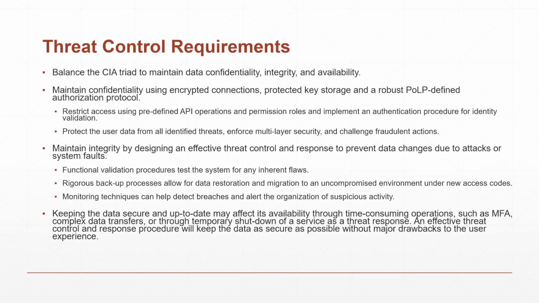So controlling this inherent threat requires the developer to balance the CIA triad to maintain data confidentiality, integrity, and availability. And confidentiality can be maintained using encrypted connections, protected key storage, and principle of least privilege defined authorization protocols, restricting the access to the API and protecting the user data from all identified threats.